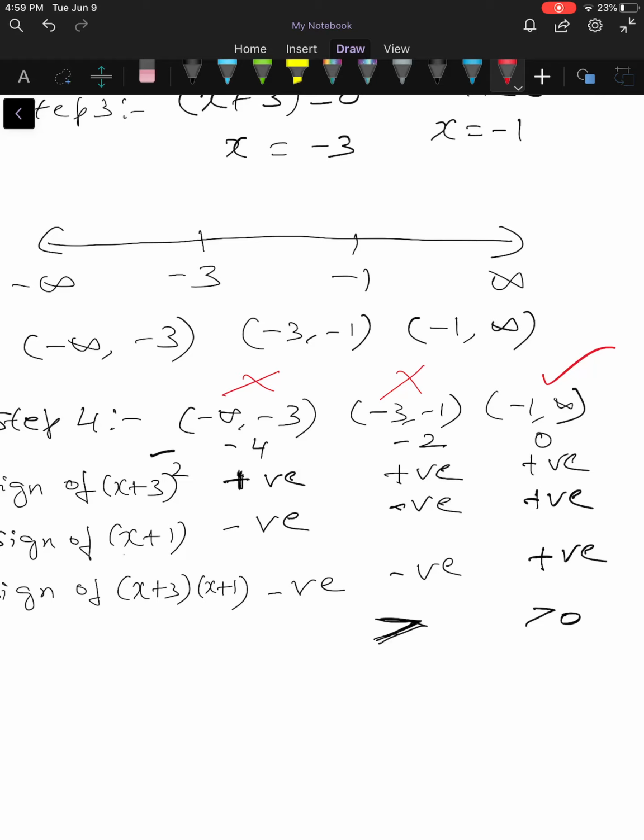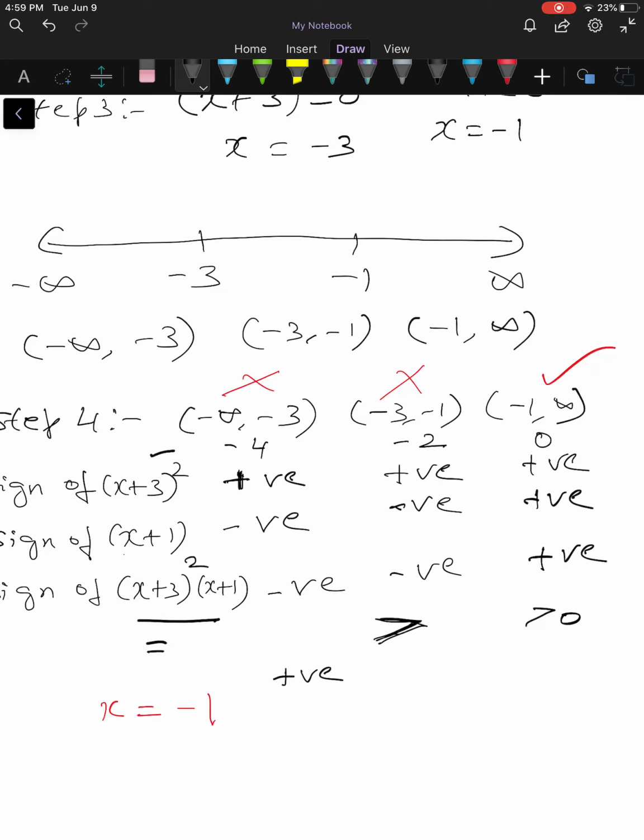Now it's time to check my endpoints. So that would be x equals negative 1. If you substitute negative 1 in this thing, sorry, I have written this to be only x plus 3. It is x plus 3 the whole square. Okay, if you substitute, negative 1 plus 3 would be 2. 2 squared is positive and negative 1 plus 1 is 0.